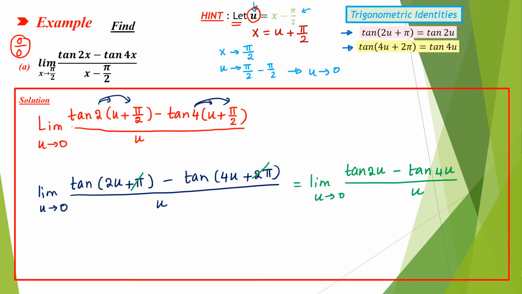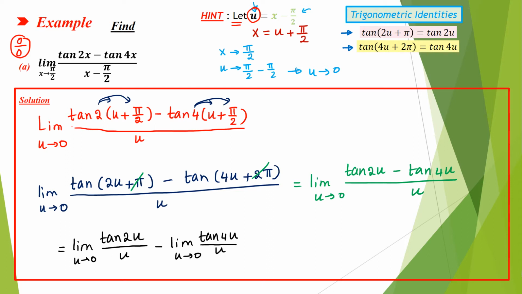Now you have to separate the limit, but pay attention, when you separate two limits you have to check that each limit has a direct substitution of 0 over 0. So the limit will be the limit of tan 2u divided by u when u goes to 0, minus the limit of tan 4u divided by u when u goes to 0.